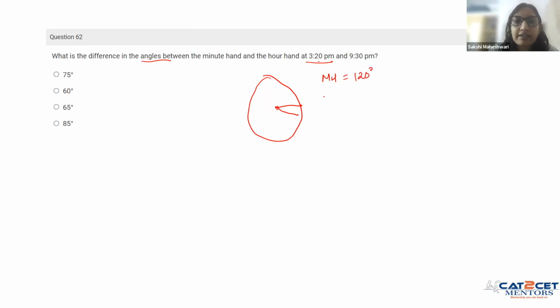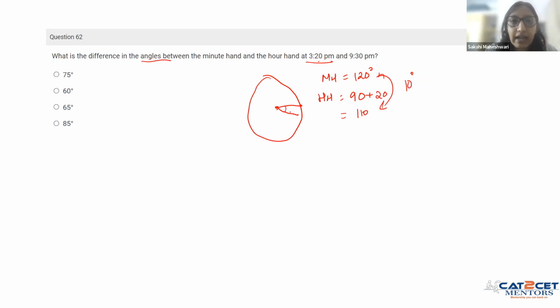And the hour hand is at 90 plus. In 20 minutes, it covered one third of 30 degrees, so that means 10 more. So this is 100, so the difference is 20. Sorry.